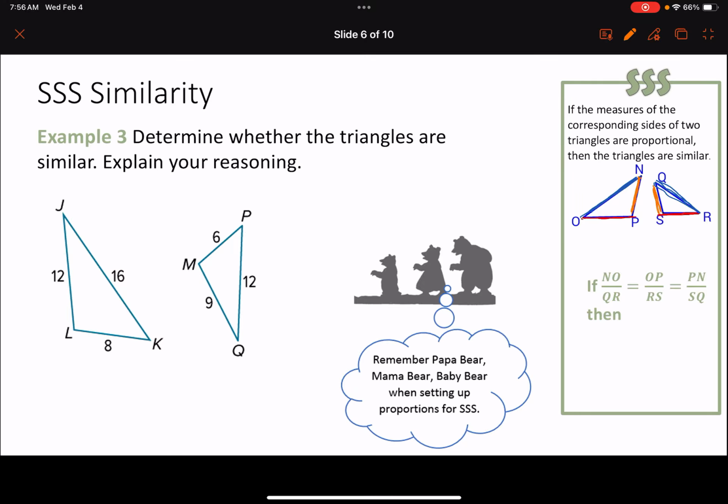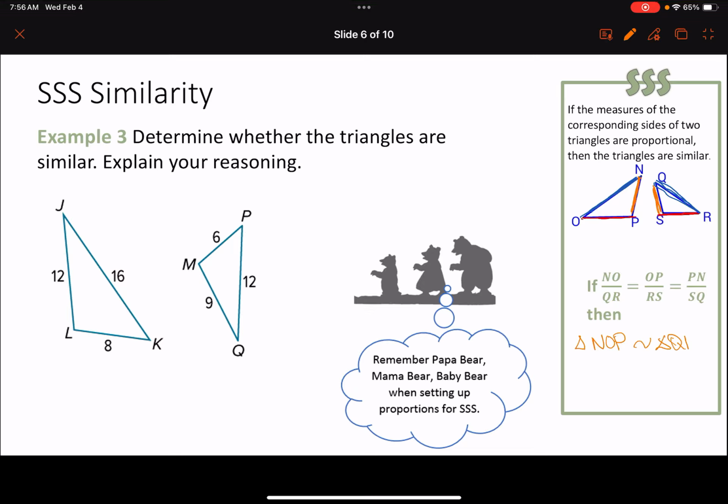So triangle NOP, blue to red to orange, is similar to triangle, we're going to red, so QRS.